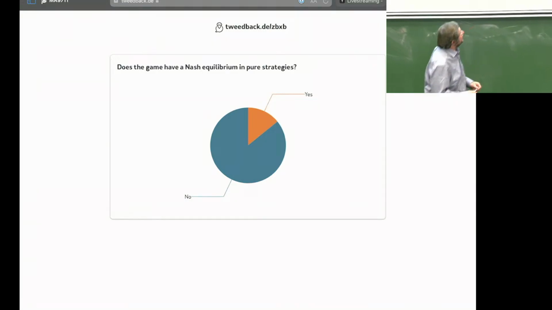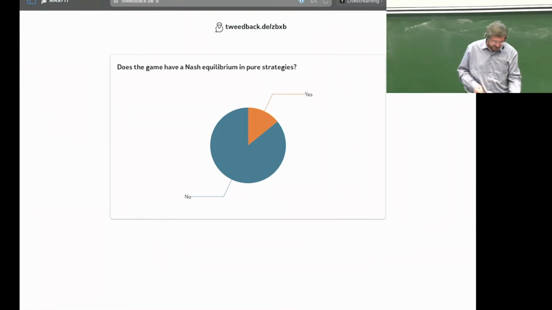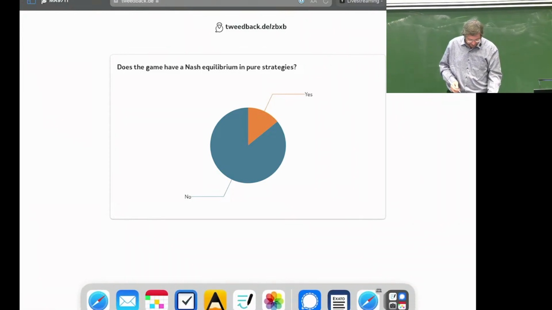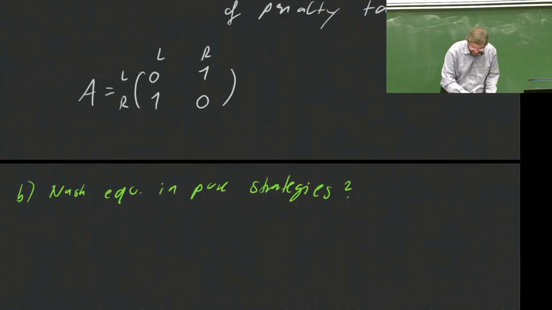Right, nice. So the answer is obviously no. It doesn't have a Nash equilibrium in pure strategies. All right, I guess I don't need to talk about that.